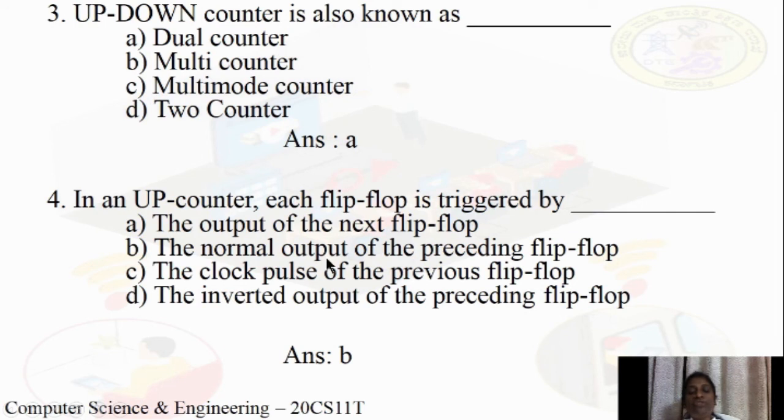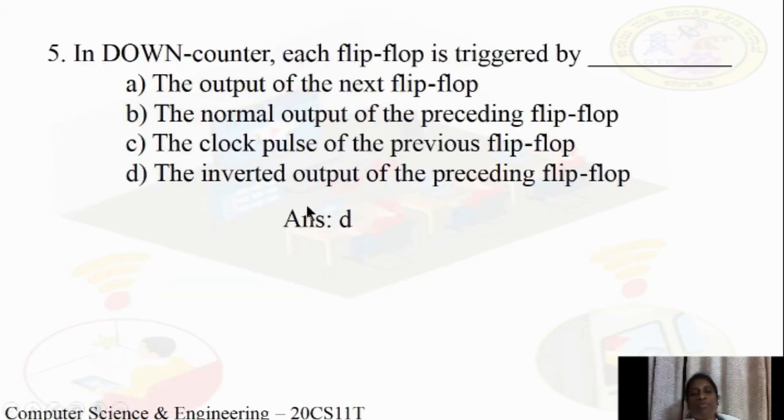In the up counter, each flip-flop is triggered by the normal output of the preceding flip-flop. Recall the up counter topic. The previous Q output will be connected to the next flip-flop, that is the normal output. So the answer is the normal output of the preceding flip-flop.